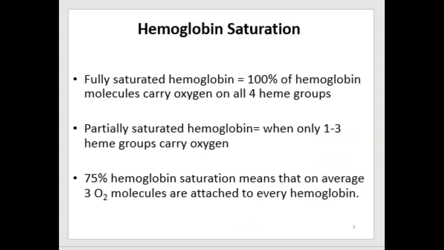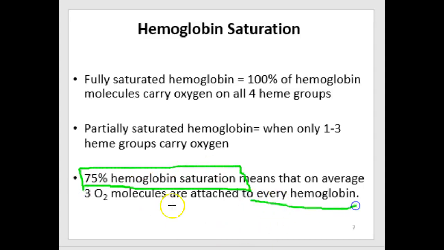So we usually report this more in percentages. So, for example, 75% hemoglobin saturation means that on average, every hemoglobin is bound to 3 molecules of oxygen. 3 out of 4 of the heme groups have oxygen on all your hemoglobin molecules.